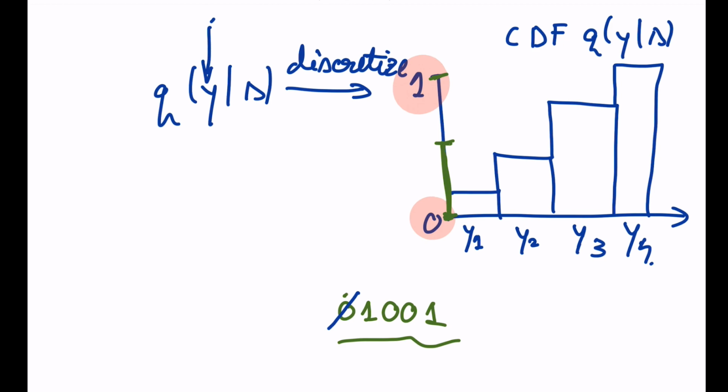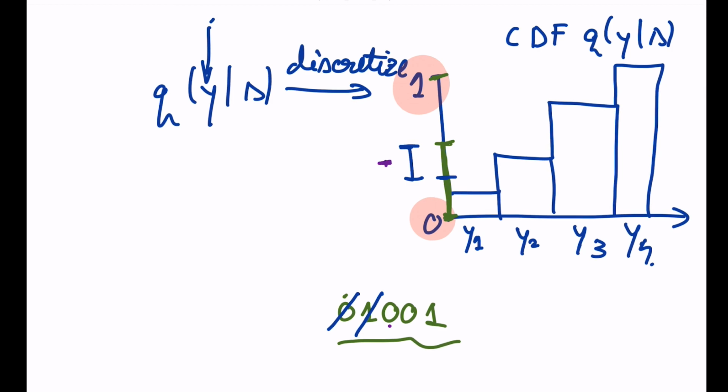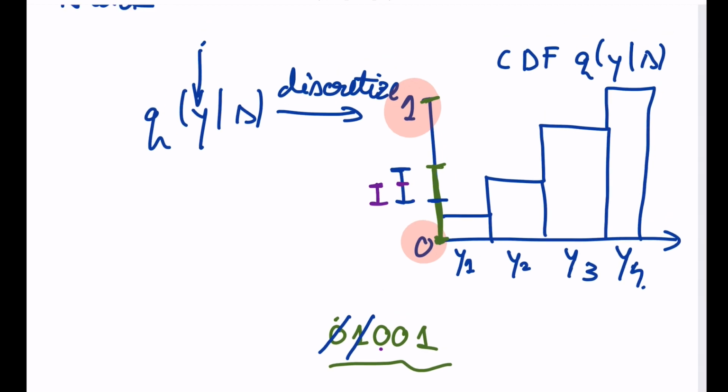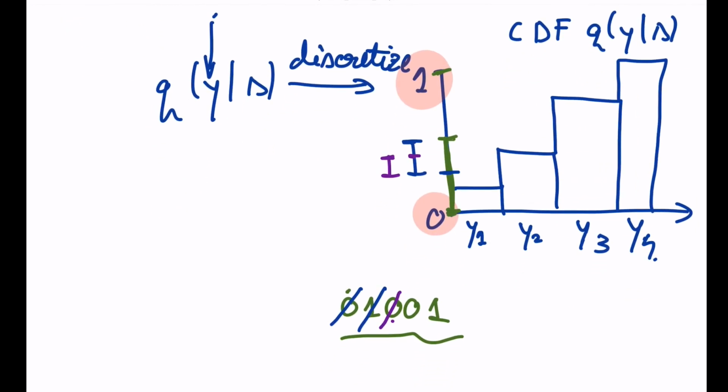Now, I'm going to cut my 0. Now I look at 1, so I need to look here, and I am looking into this new interval. I cut that as well. I have a 0, so in this new interval, I'm going to look into this bit. Right? We are making our interval smaller and smaller.